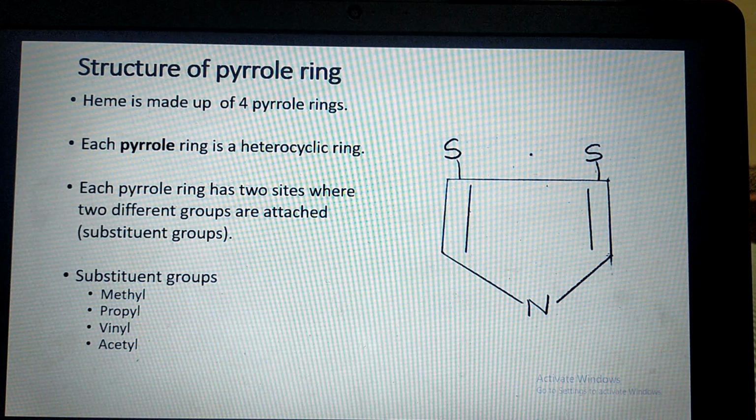These groups are called substituent groups. The substituent groups present may be methyl group, propyl group, vinyl group and acetyl group. Depending upon the presence of these substituent groups on the pyrrole rings, various types of porphyrin rings are formed, which we will see later on.